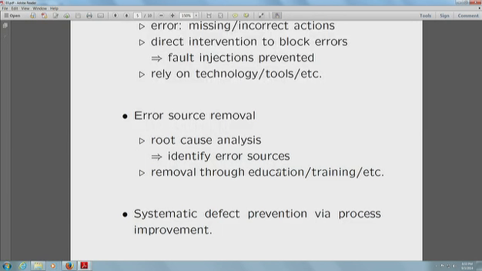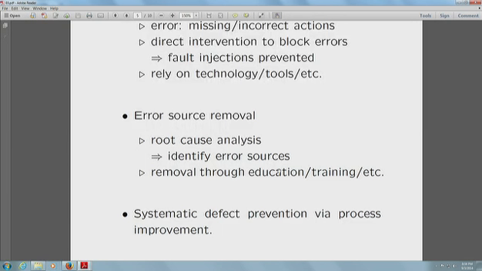Those are some of the related work in that area, and we will be talking a little more about those things after the midterm exam, about three-quarters of the way into the semester. But when you consider your project, consider whether some defect prevention can be a part of your project as well.